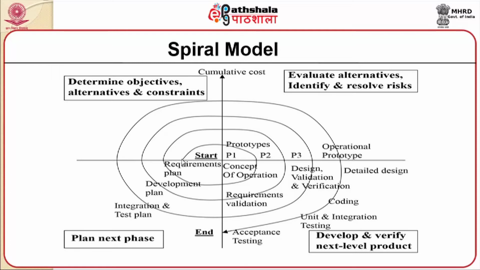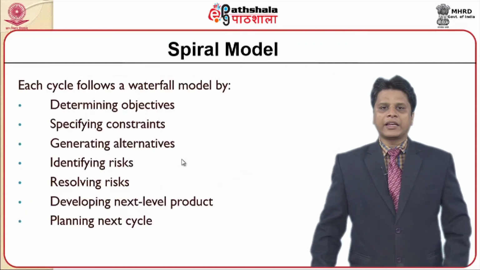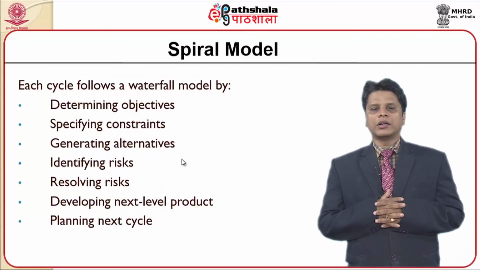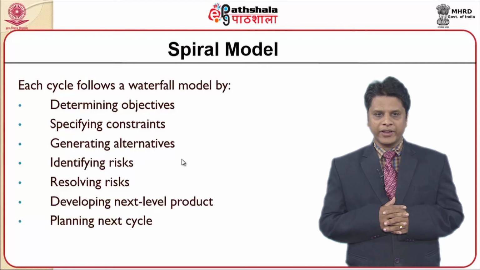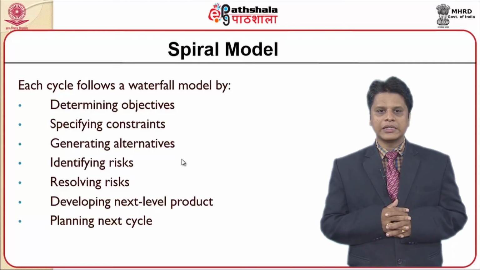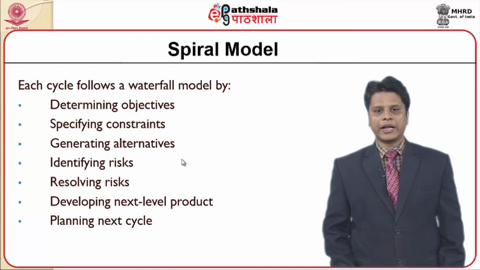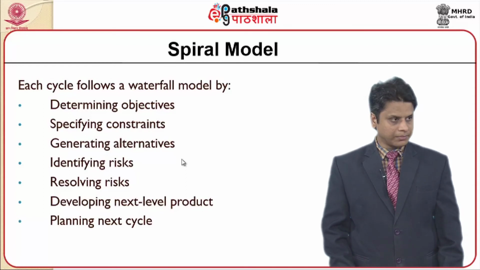So this particular picture is plotted towards different modes of operation or different sequences of this model, estimated with respect to the cost. Each cycle of this model is estimated with determining objectives, specifying constraints, generating alternatives, identifying risk, resolving the risk, developing the next level product and planning for the next cycle.